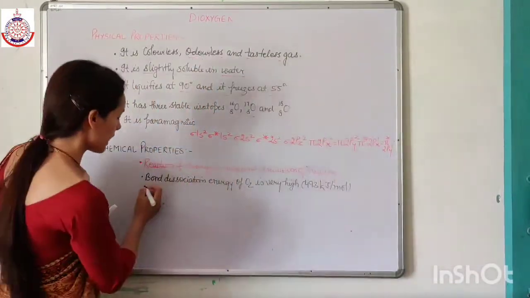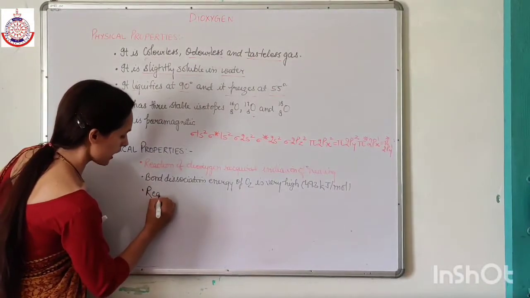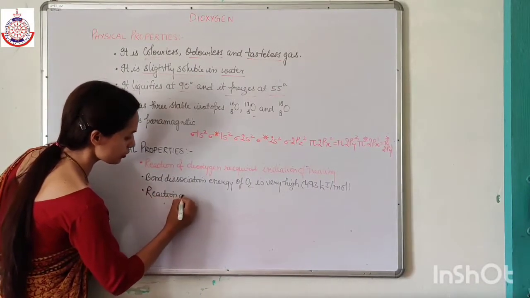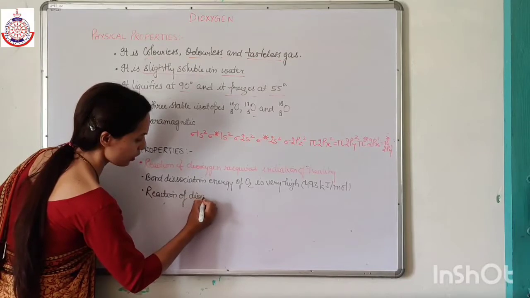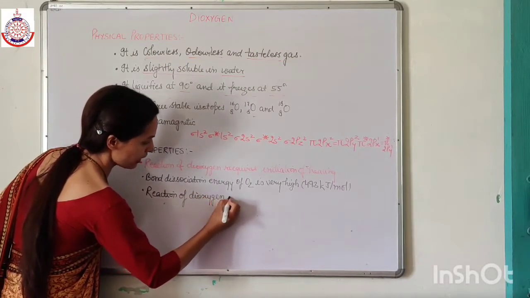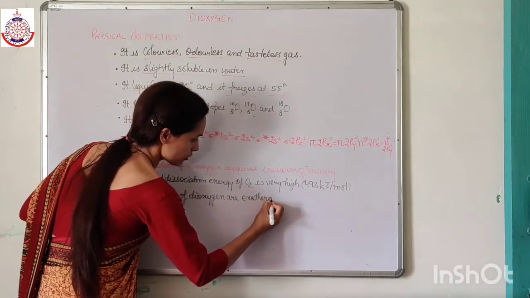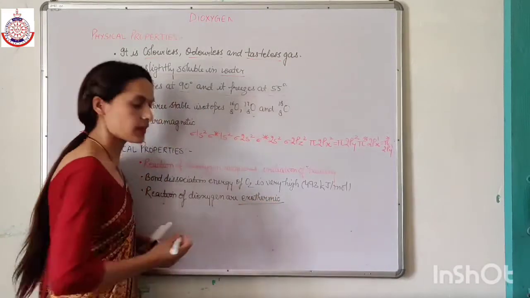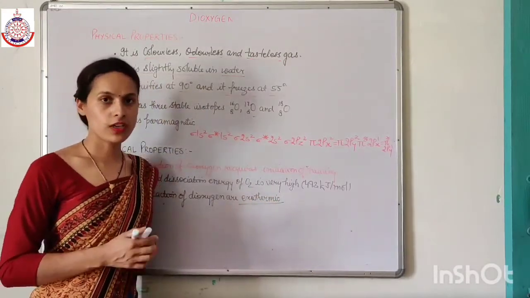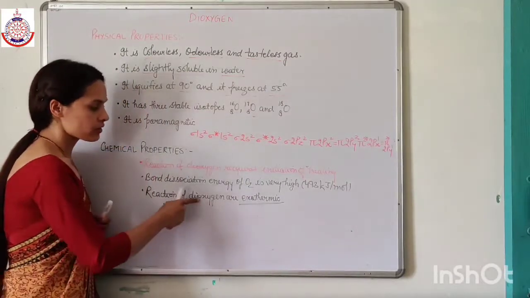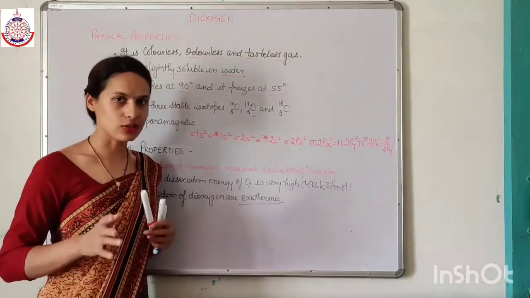Because the reactions of dioxygen are exothermic. Exothermic means the reactions in which a large amount of heat is released. So the reactions of dioxygen are highly exothermic.